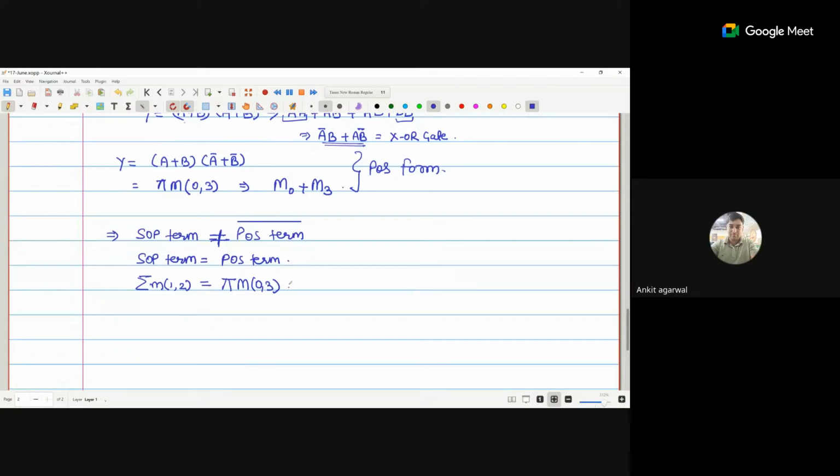This is the only difference. So the representation is complement, but the terms are not complement.